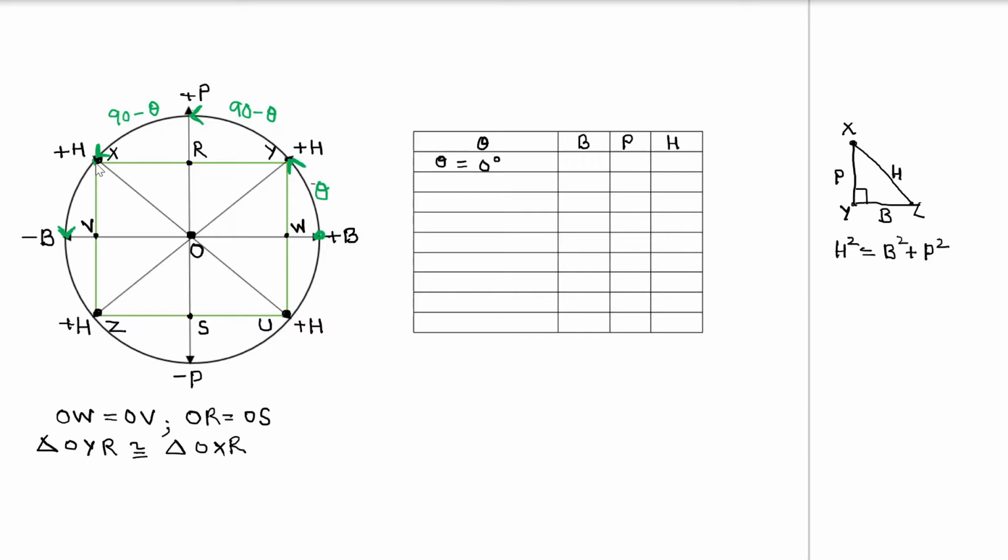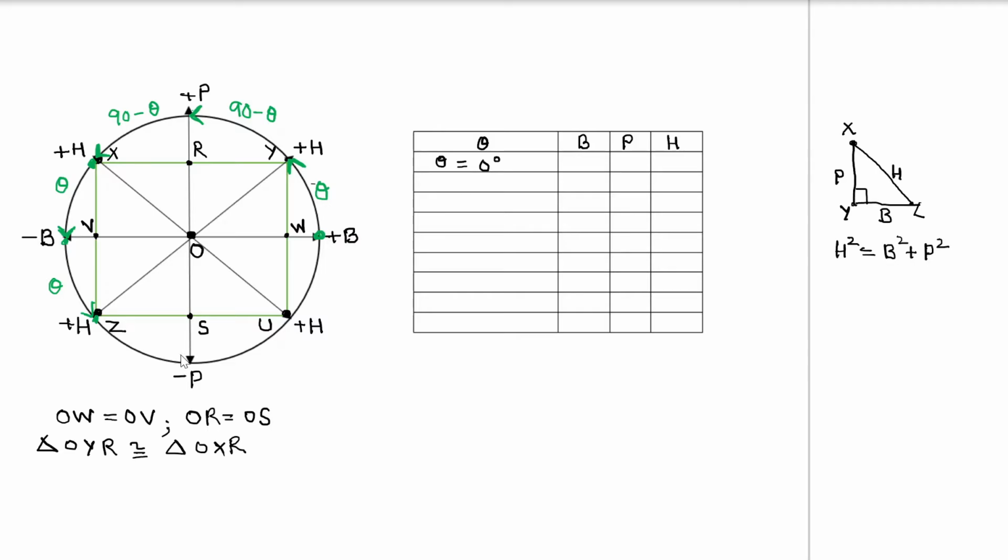So now the fourth part, this angle is theta. Now the fifth part, we can use the property of vertically opposite angles. The angle YOW is vertically opposite to the angle VOZ, so this angle also becomes theta.